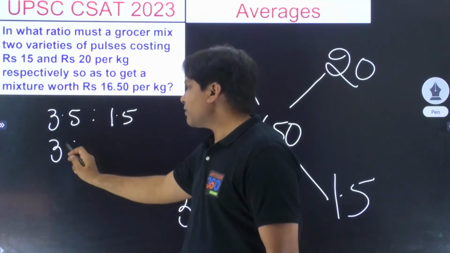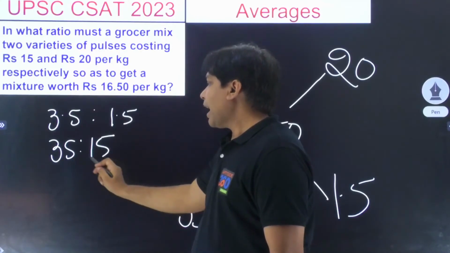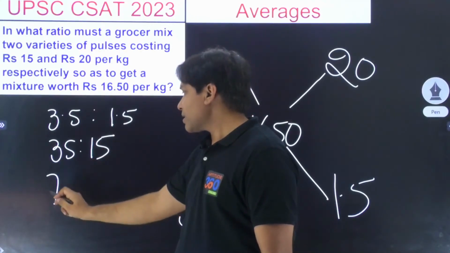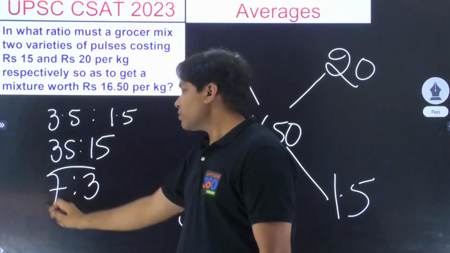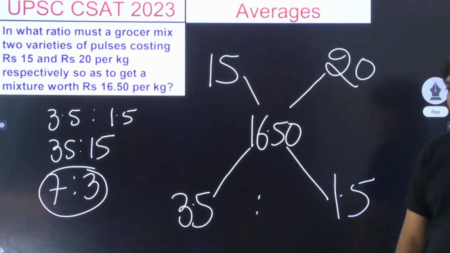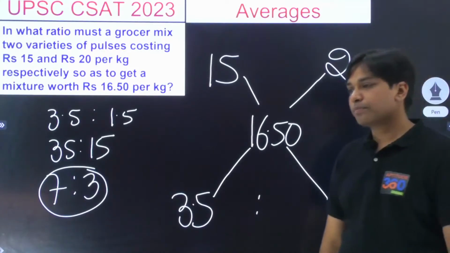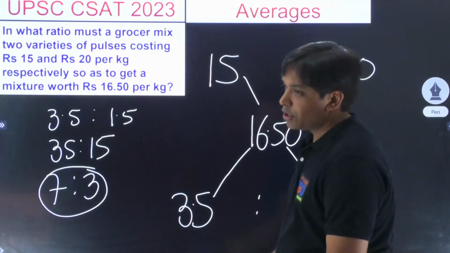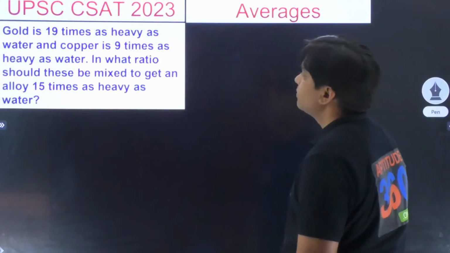So this is 35 is to 15, and then divide by 5. So this is coming out as 7:3. So almost everybody has got the answer. Is this okay? Okay, good job. Very good job.